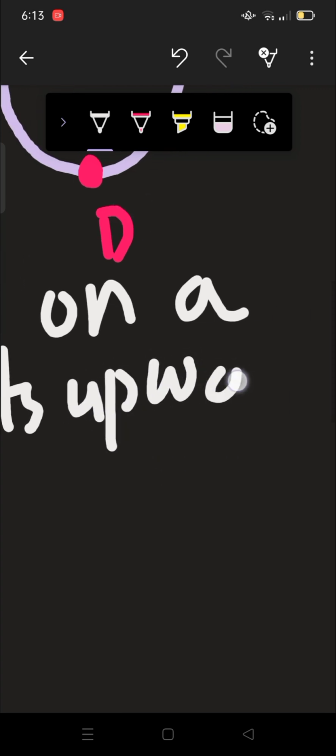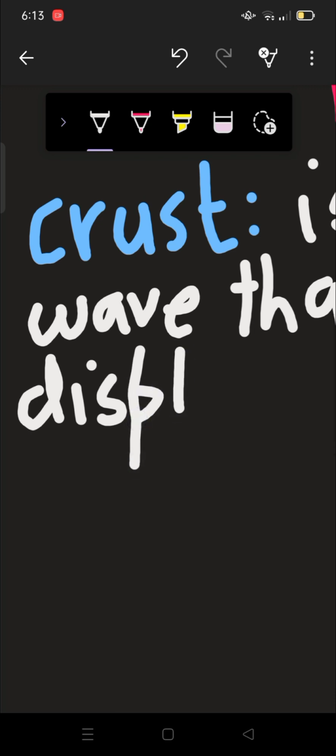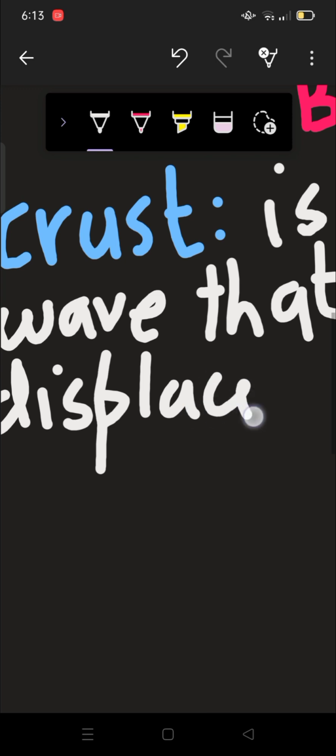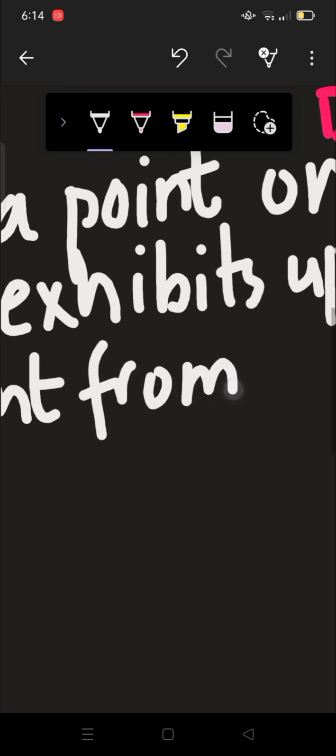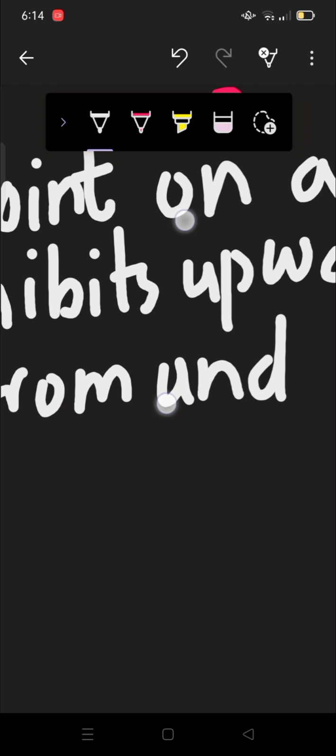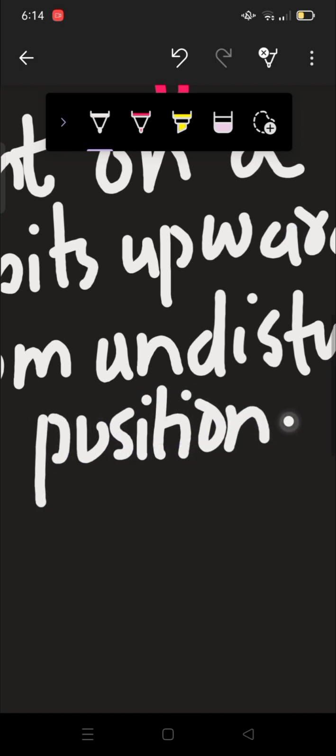So here I am writing upward displacement. You can also write maximum positive distance, that is also right. Displacement from undisturbed position. So that point is basically what is a crest.